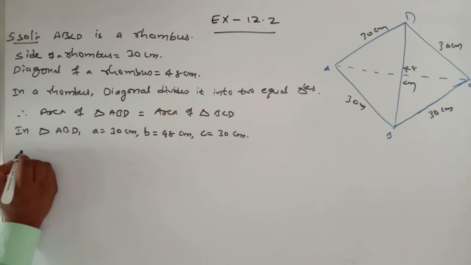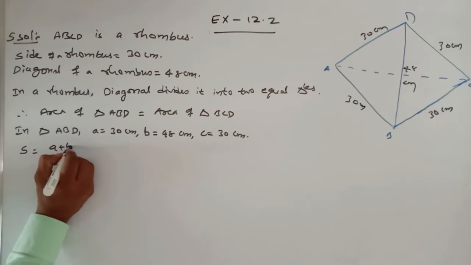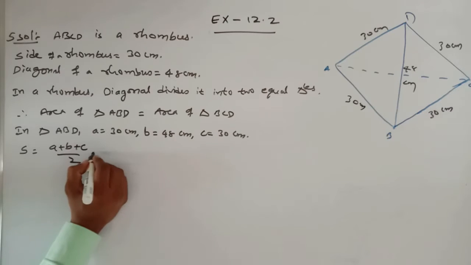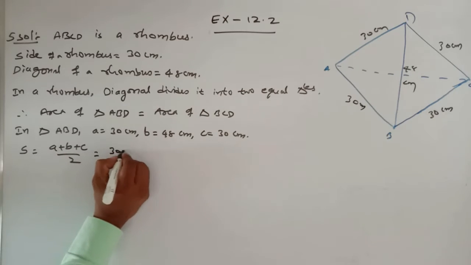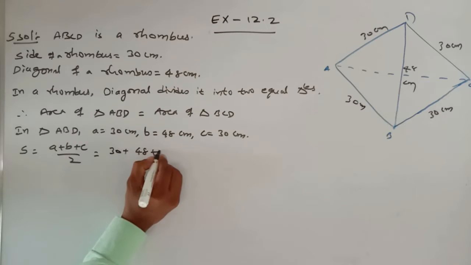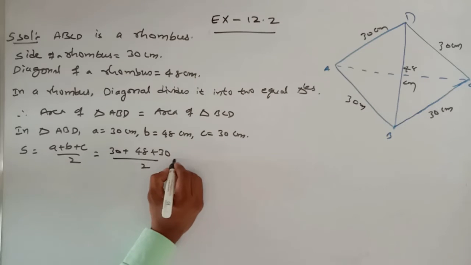Now by using Heron's formula, I am going to calculate the area of the triangle. Before that, I calculate the semi-perimeter of the triangle ABD. s is equal to a plus b plus c by 2, which is 30 plus 48 plus 30 by 2.